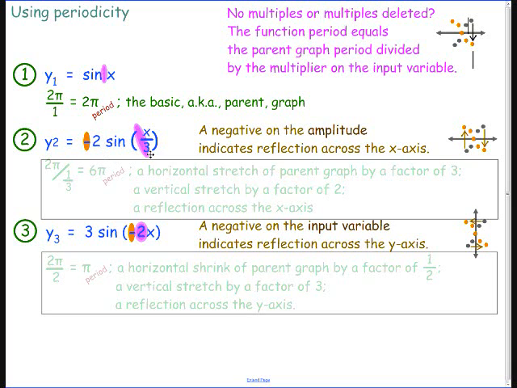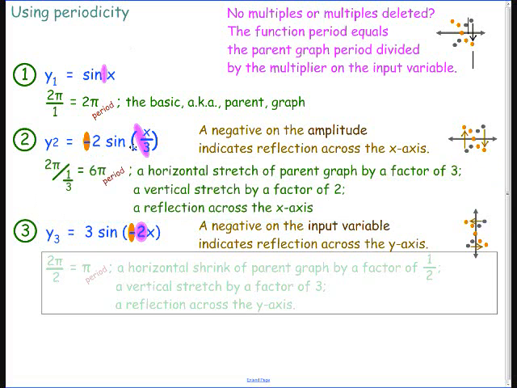Now, if we start messing with this frequency, what is this frequency anyway? It's 1/3. So now our period becomes 2 pi divided by 1/3, or 6 pi.